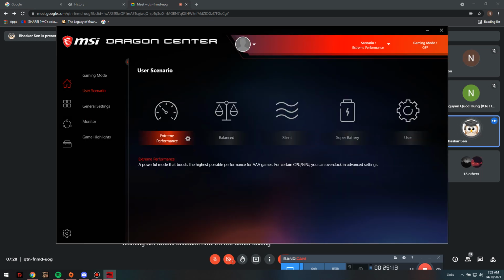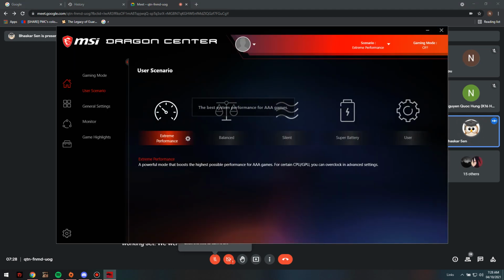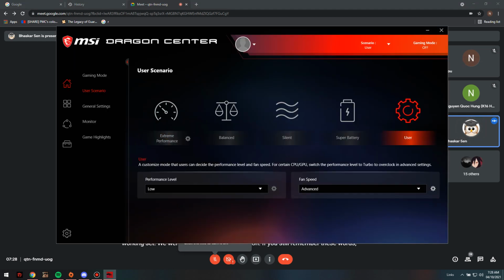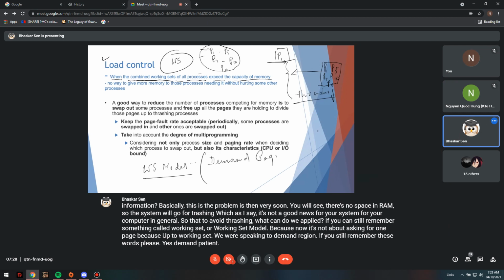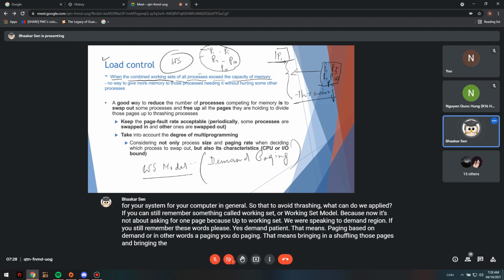Because now it's not about asking for one page. Up to the working set, we were sticking to demand paging. If you still remember these words we discussed, demand paging means paging based on demand. In other words, you do paging, that means bringing in those pages and evicting some of the older pages, only after you get a fault.